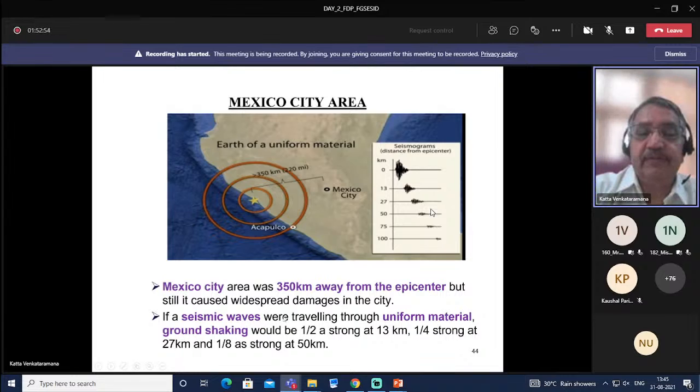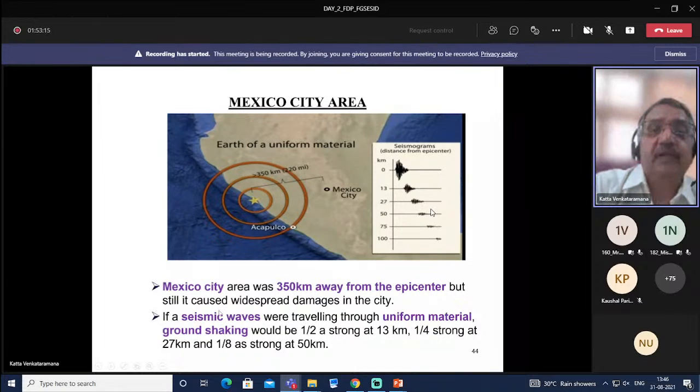If seismic waves were traveling through uniform material, ground shaking would be half as strong at 13 kilometers, 1/4 as strong at 27 kilometers, and 1/8 as strong at 50 kilometers. So at 50 kilometers, it would be 1/8 of what it is at the source of the earthquake.